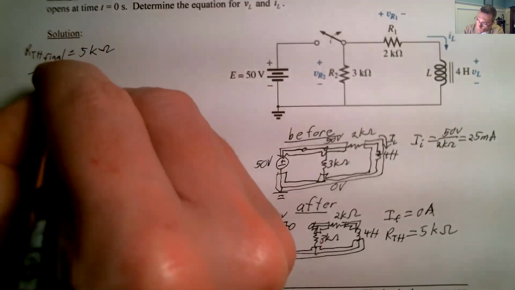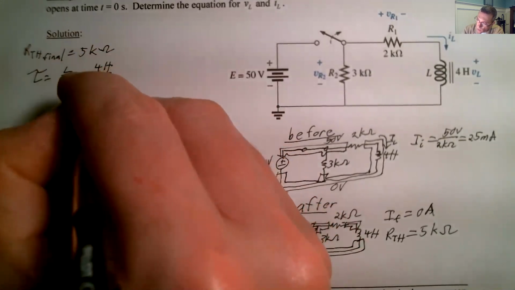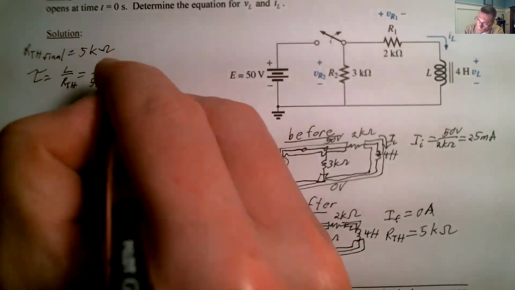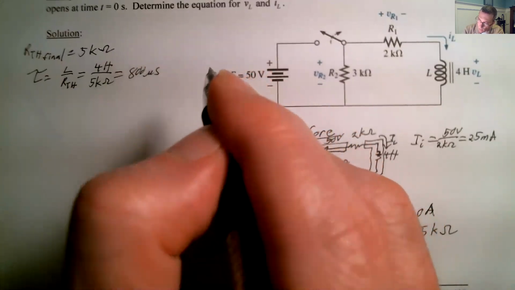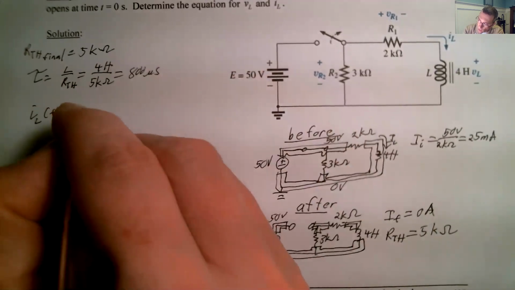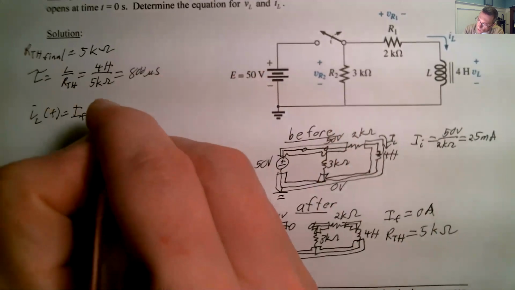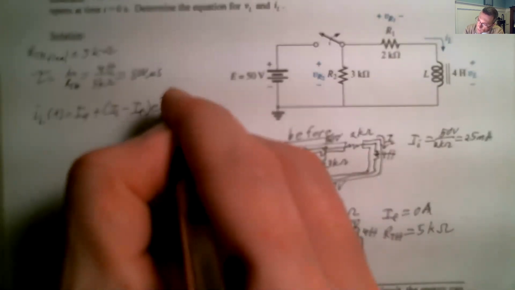And we said when we're doing our analysis that we want to find tau. Tau is L over RTH, okay? And L was 4 henries. RTH is 5 kilo ohms. So that gives us 800 microseconds, right? IL of T is equal to I final plus I initial minus I final, e to the minus T over tau.